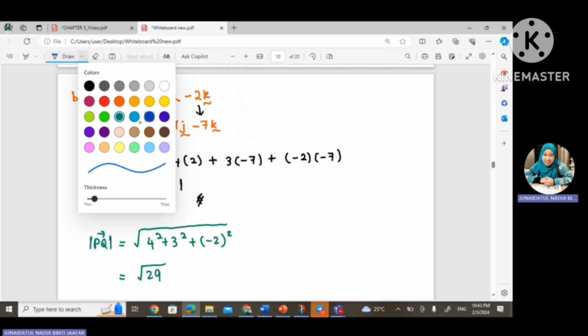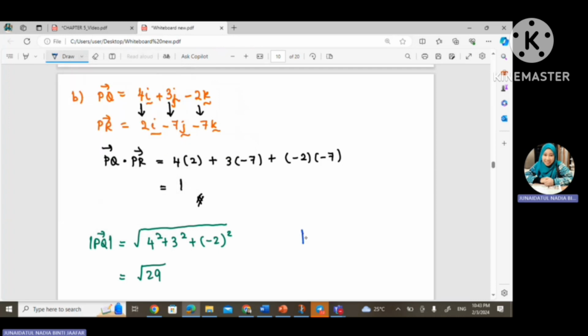And then we can find the magnitude of PR, which equals the square root of 2 squared plus negative 7 squared plus negative 7 squared. So we have the answer square root of 102.